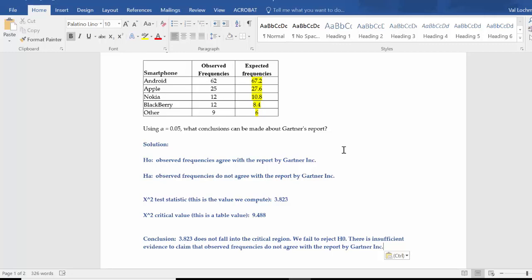Are they different? Yes. Is the difference significant? No. You might notice that with the chi-square test, the p-value method is usable in this case, right?